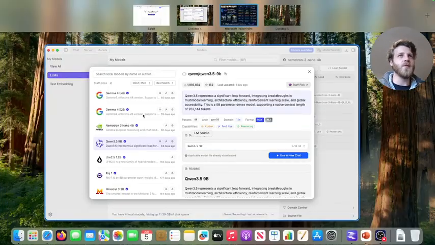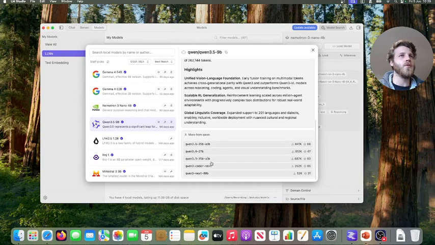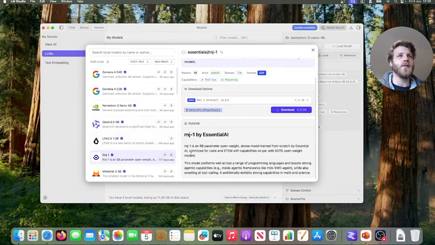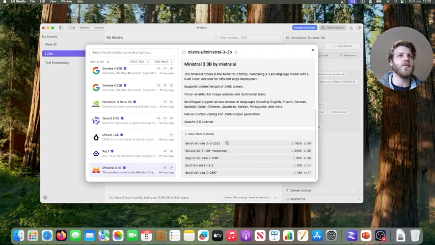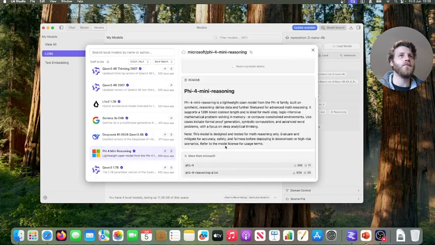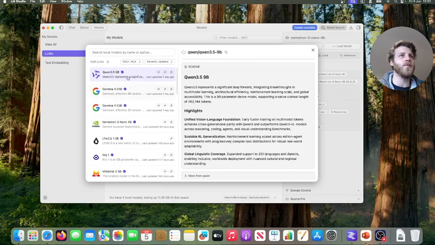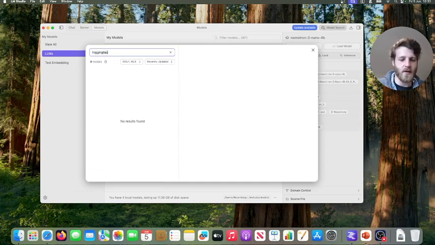Quants, so we see down here, let's have a look for some quant tables, and we can have an understanding of quants. Let's pop over to recently updated, and we put in Hugging Face.